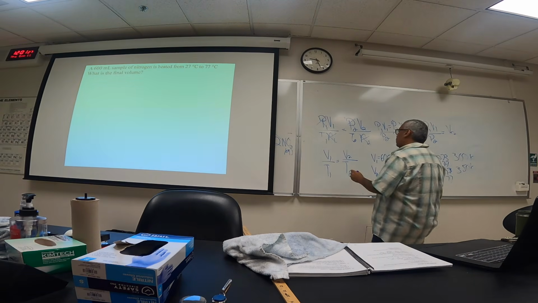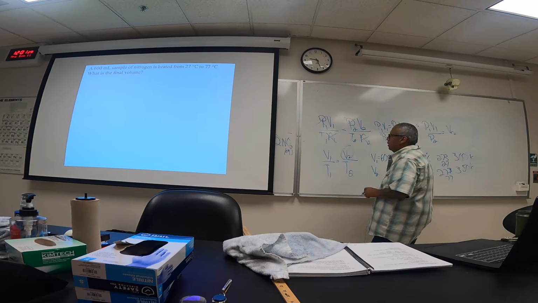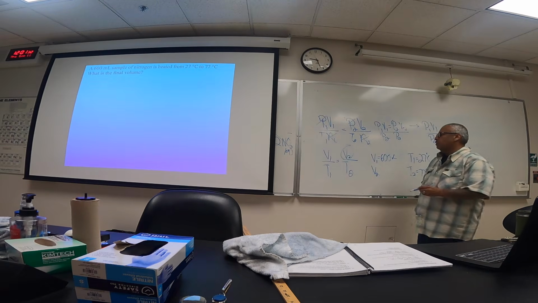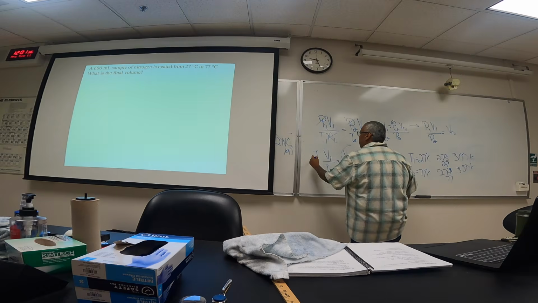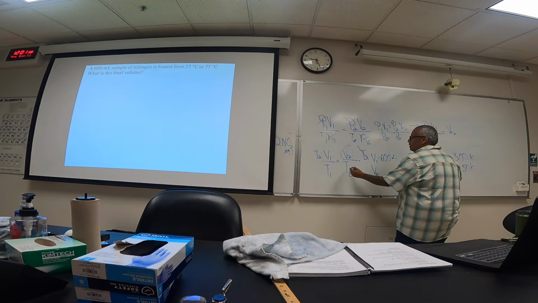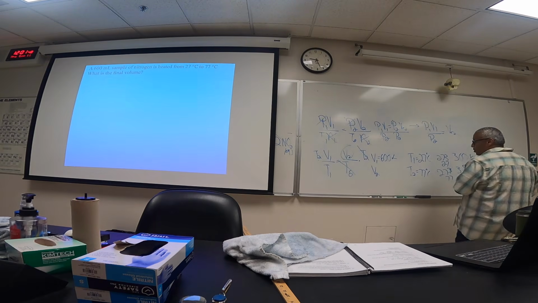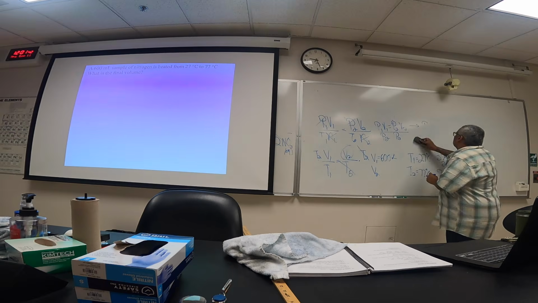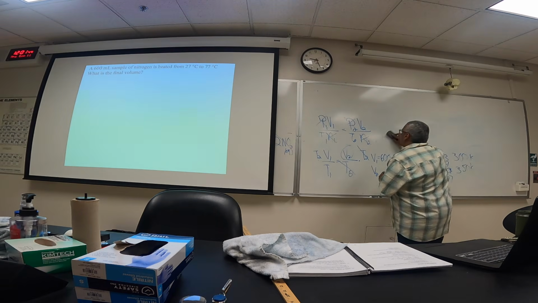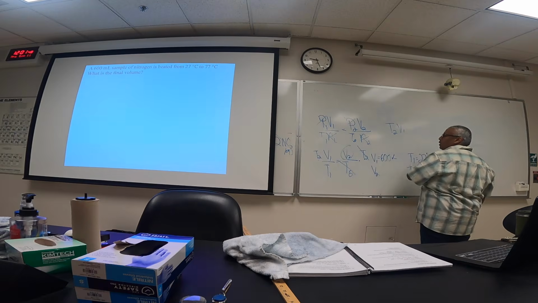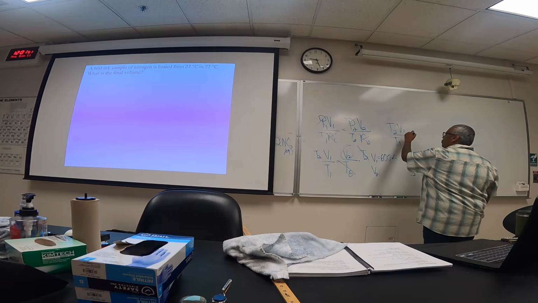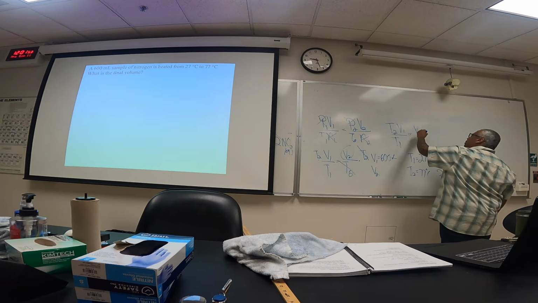What's the final volume? Again, we have to do some algebra work. If I multiply this by T2, I'm going to multiply this by T2. This cancels this. And our new formula becomes T2 V1 over T1 is equal to V2.